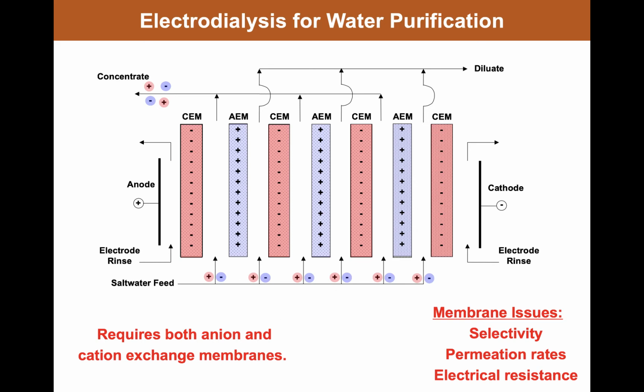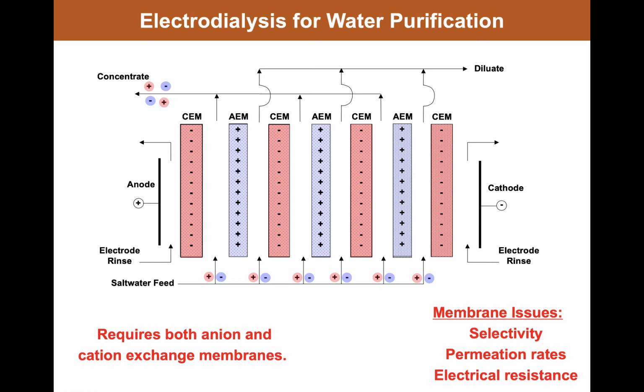And so, in an electrodialysis cell, there are membranes. They're typically flat sheet membranes that are stacked together with spacers between them for water to flow between those spacers. And often there'll be hundreds of these membranes in a stack, and there are then electrodes placed on either end of that stack.